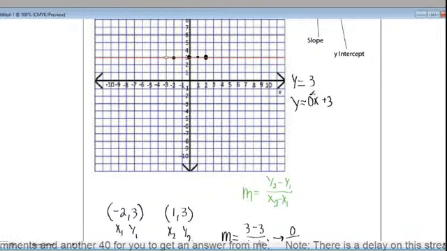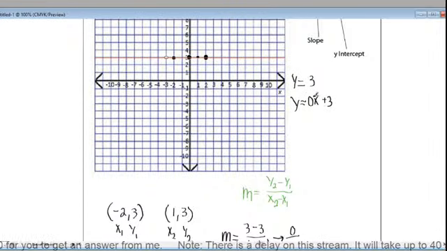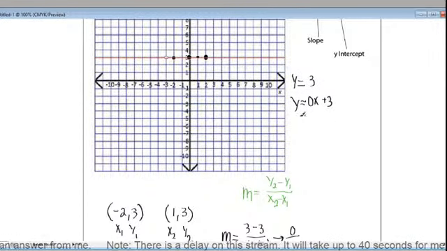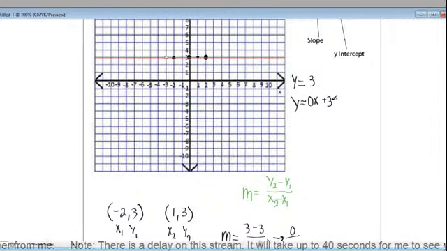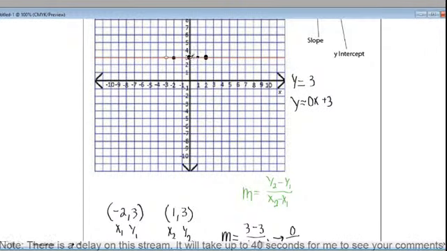Because, of course, if we have 0x, 0 times x is 0, 0 plus 3 doesn't make any difference, so we don't really need 0x in here. All we need is y equals 3. So our y-intercept is 3, which makes sense. Our y-intercept is indeed 3, and our slope is 0, which also makes sense because we aren't going anywhere.